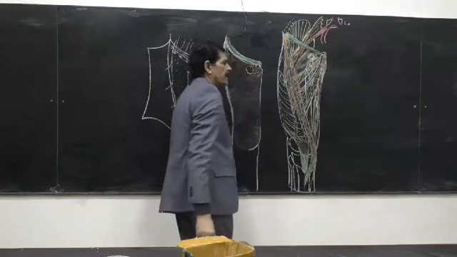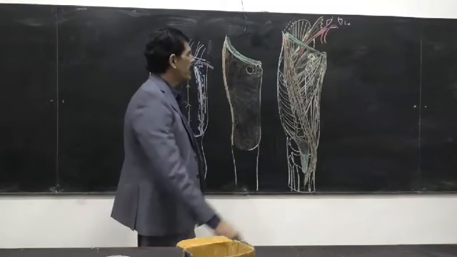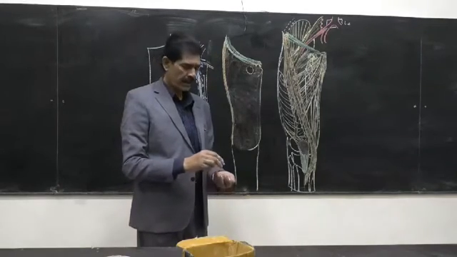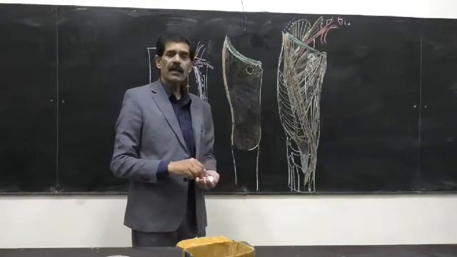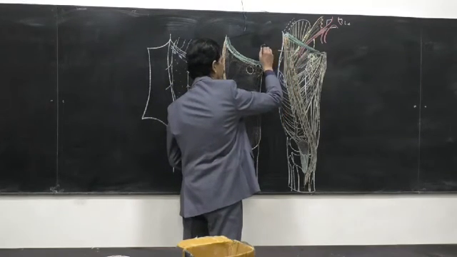When it enters into the thigh, it crosses the inguinal ligament. Its name now changes. Now it is called the femoral artery, because now this artery is the property of the lower limb.